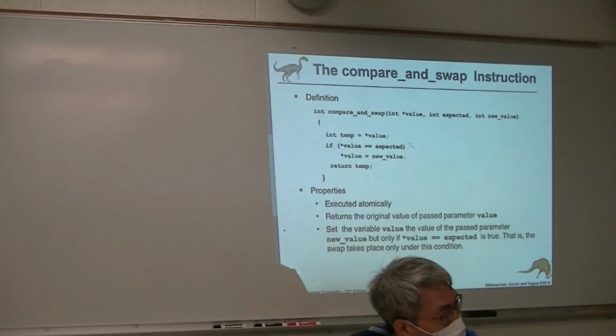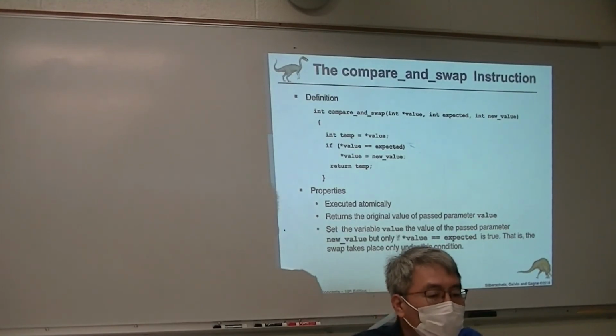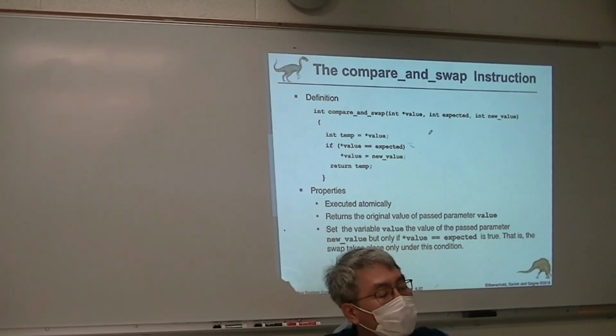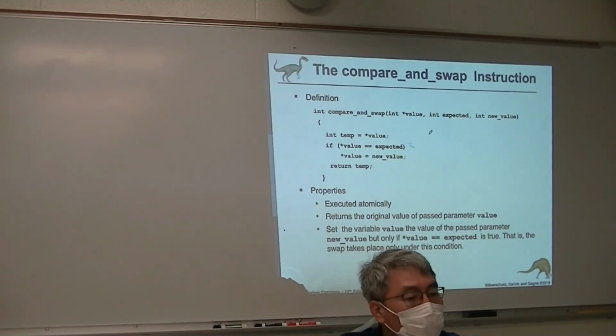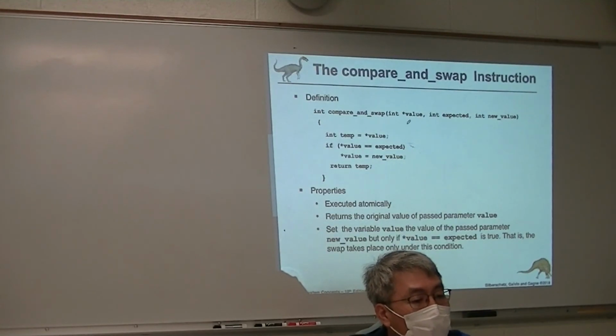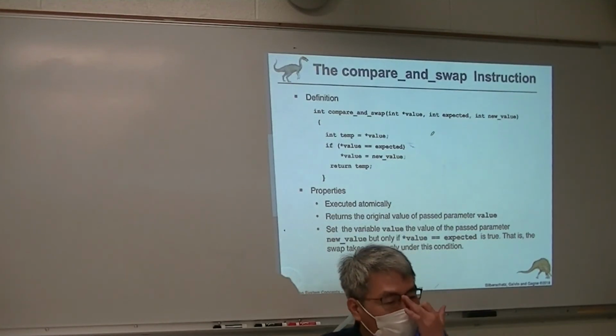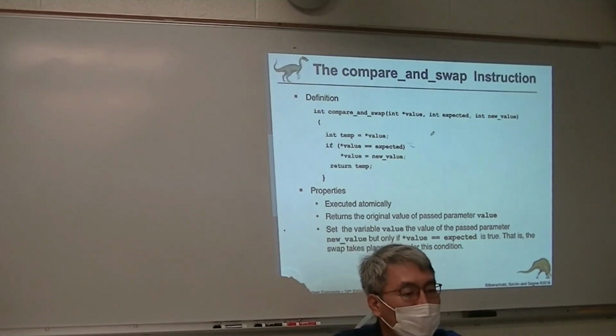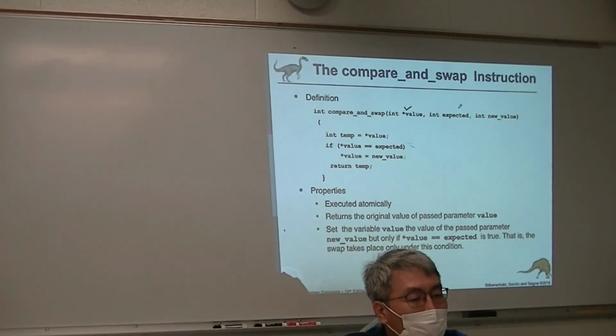Before we solve the bounded waiting and progress problem, there's another solution using compare and swap. Its idea is very similar to the previous one, but in compare and swap there is an input value, an expected value, and a new value.